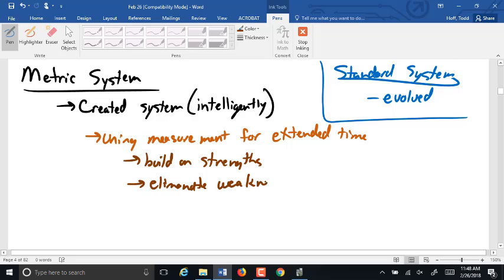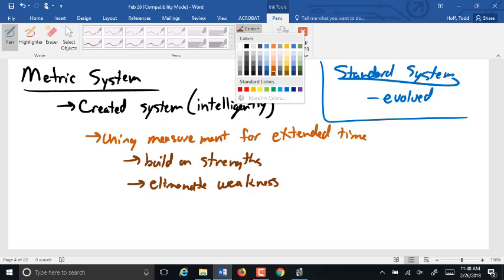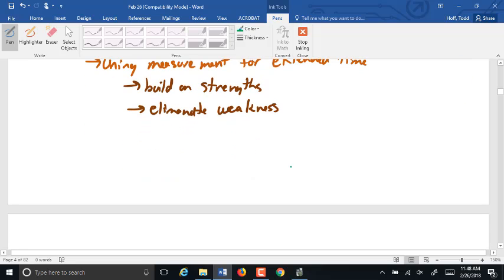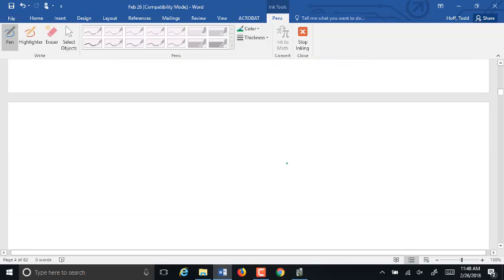And so let's look at some of the things they did to do that. The first thing they did was they wanted to eliminate multiple units for every type of measure. You know, in the standard system, and I'm going to kind of compare the standard system to the metric system a little bit here. I'll put metric on the left side here, and we put our standard on the right.